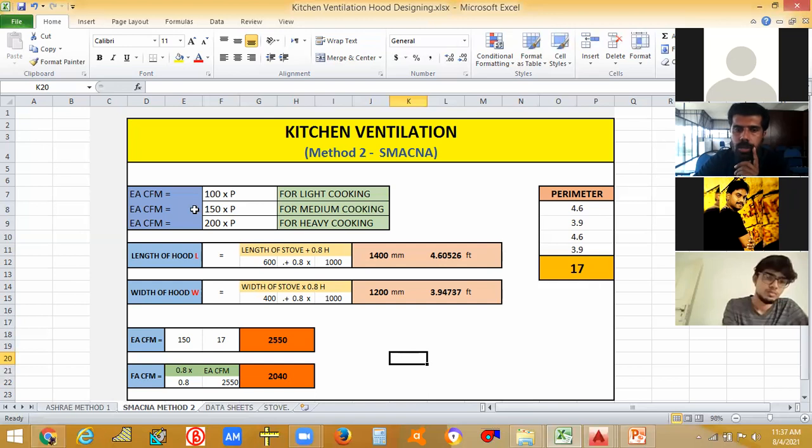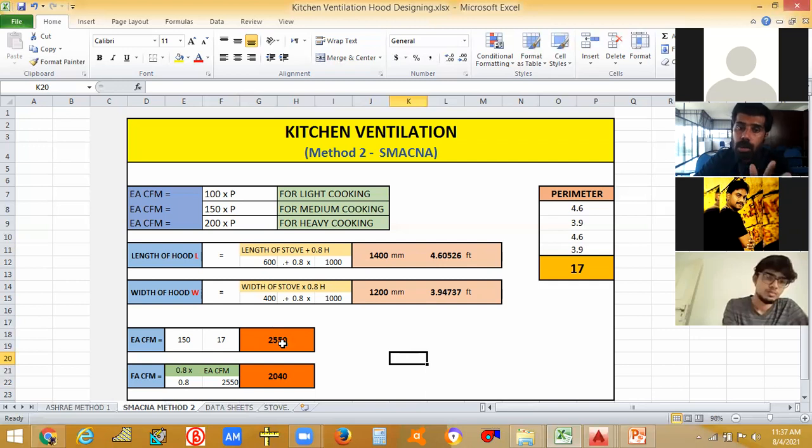I have chosen medium cooking, so multiply 150 into the perimeter 17, and you get 2550 as the CFM. Next you need to know the supply or makeup air. We know that 80% of the exhaust air is the supply air, so just multiply with 0.8 and you get the supply air. I think this is clear.